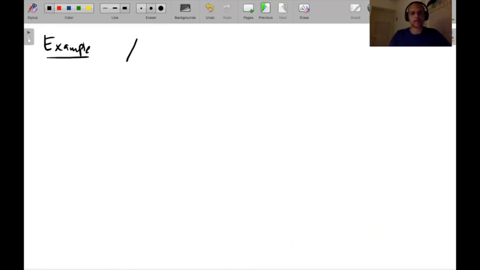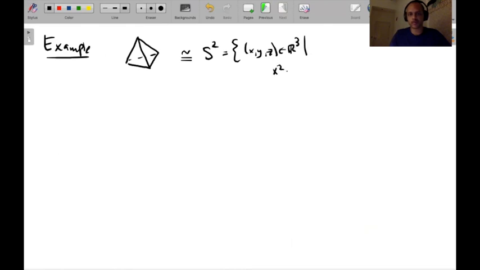How about some examples? So the tetrahedron is topologically equivalent to the two-sphere. So this is (x, y, z) in R3 at distance 1 from the origin, analogous to the unit circle.